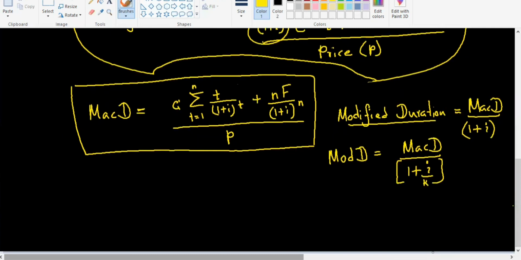In my coming lectures, I will discuss how to get the convexity, another measure for the curvature of the yield curve, the price and yield relationship of a bond.